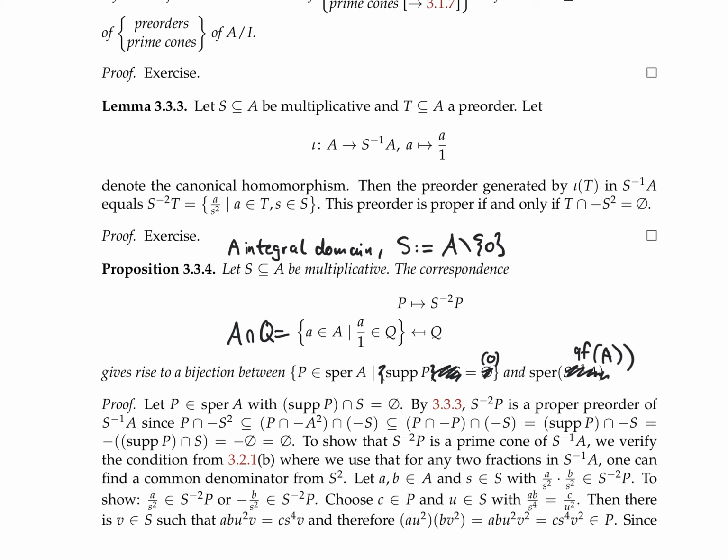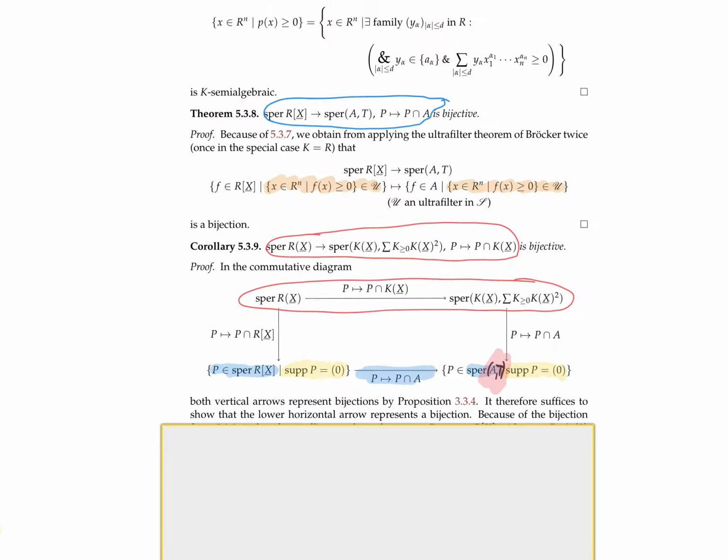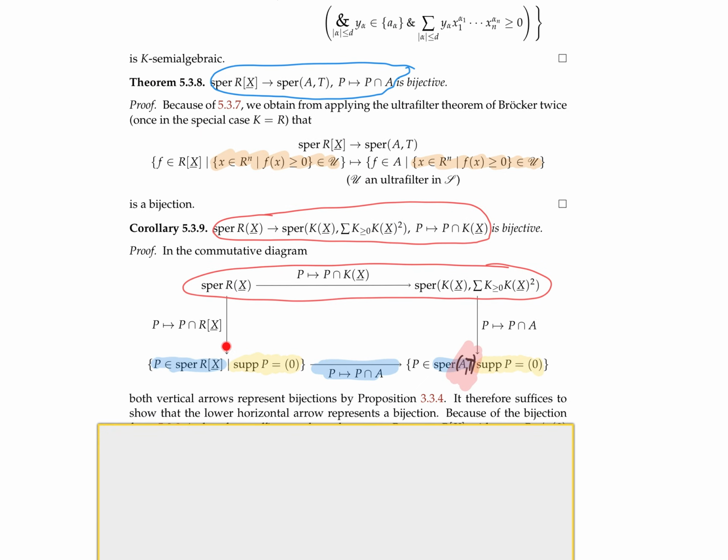So you see that the bijection I've been speaking of is actually just given by this here. And that's, of course, the inverse map. Okay, and you see that this shows already that the first vertical arrow is a bijection.